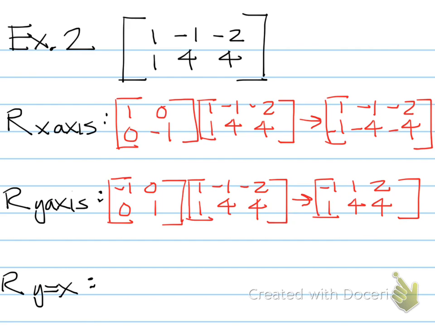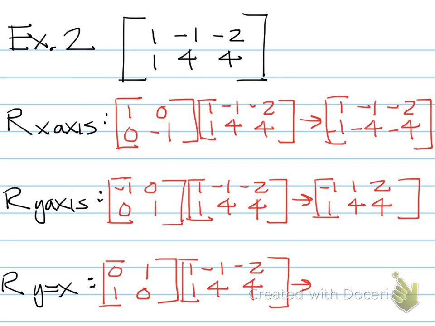This vertex matrix represents the reflection of our original pre-image across the y-axis. And then to reflect that same pre-image across the line y equals x, we're going to multiply it by the 0, 1, 1, 0 matrix. When we do that, in the top row, we're going to get 1, 4, 4. Bottom row, 1, negative 1, negative 2.